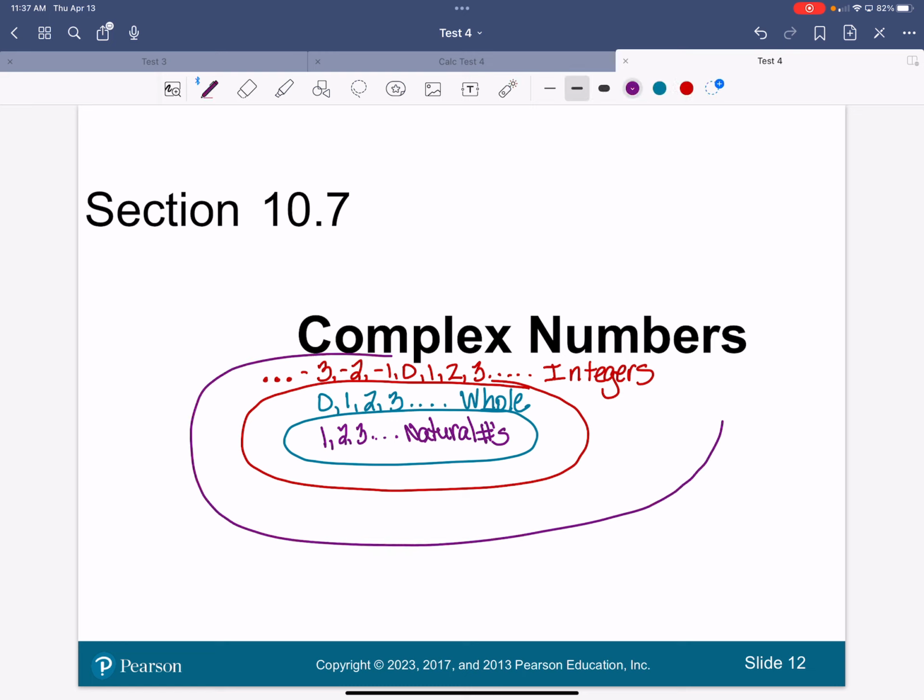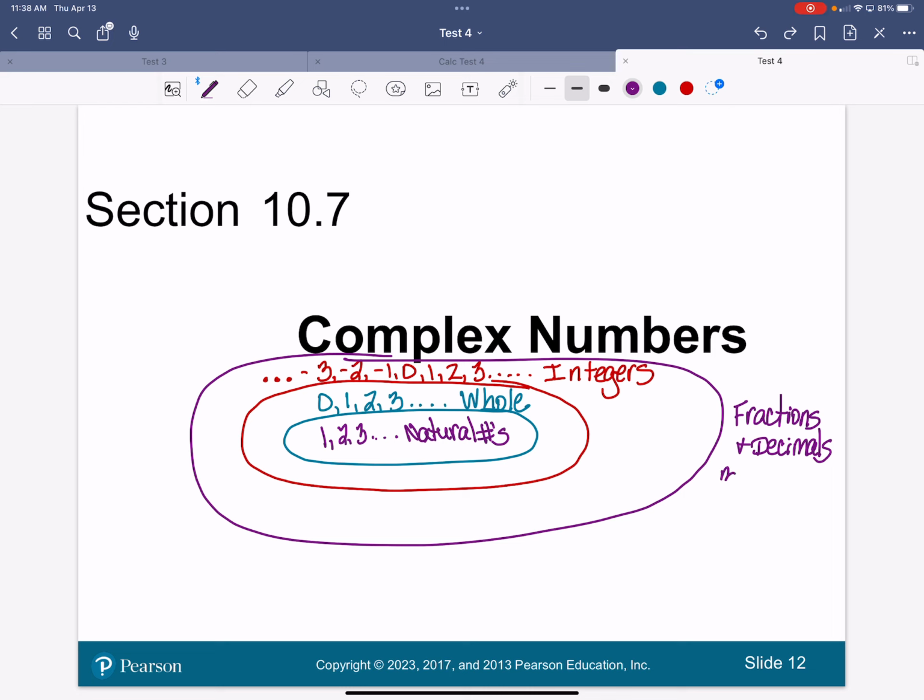After that, we started learning about everybody's favorite type of number, where we had to have common denominators to add and subtract, and they were parts of pizza and parts of a circle. Those are fractions and decimals. And that is where we hang out most of the time. So anything that can be represented as a fraction falls into this form of numbers.